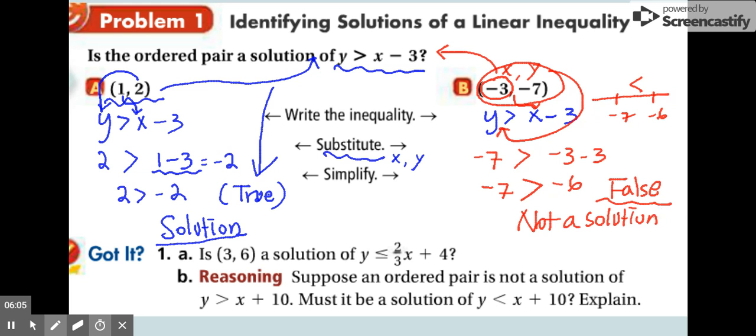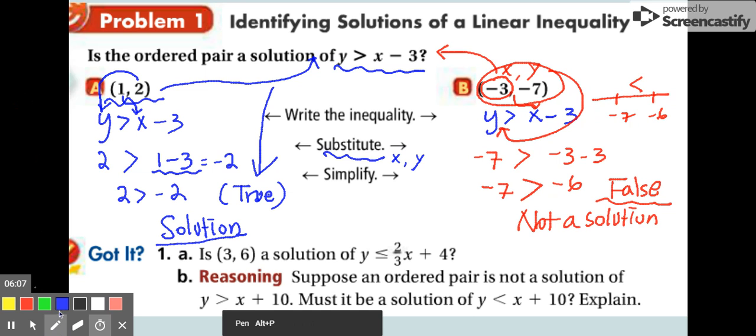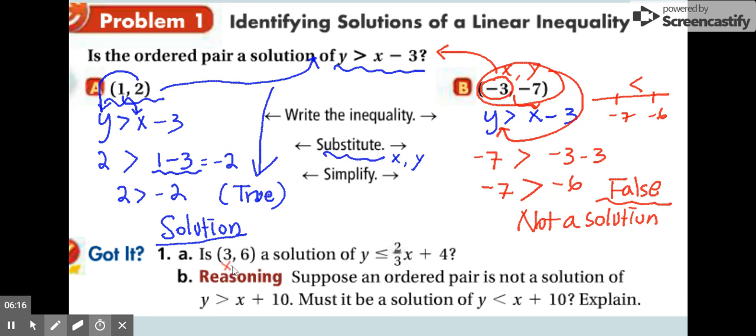Let's look at the question at the bottom. Is (3, 6) a solution of this inequality? So 3 goes to x, 6 goes to y. Now let's simplify. 6 is less than or equal to, so 3 over 1 can be simplified, 2 over 1, which is 2, plus 4.